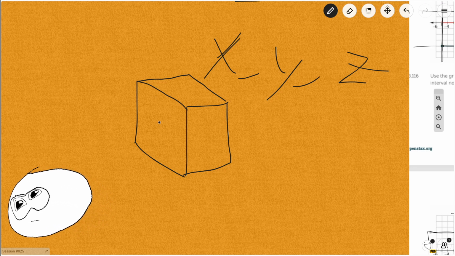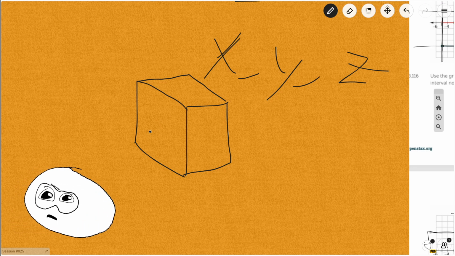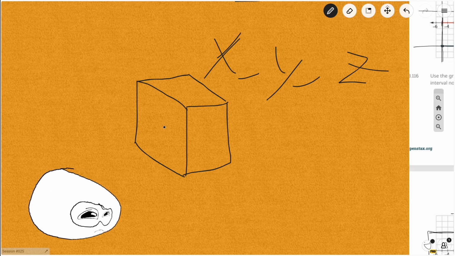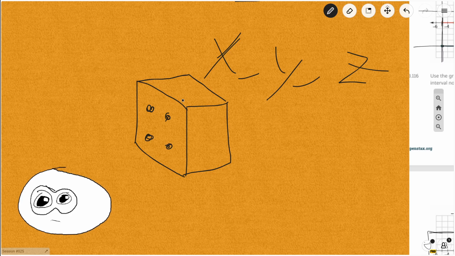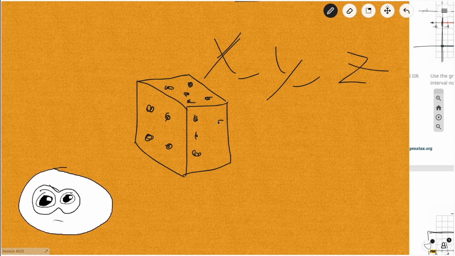And then a real example of a cube that you might encounter is something like, let's say dice, right? Four, five, a pair of loaded dice. 4, 5, 6 dice.